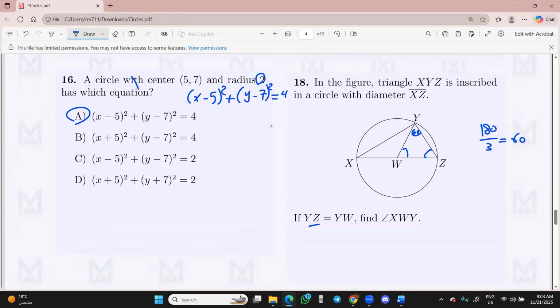So this angle is 60 degrees, 60 here, and 60 here as well. But as you look at this, it is called a linear pair. Linear pair means if you have a line like this and another line comes up here, this angle and this angle have a total of 180. So whenever you have 60 here, this angle is 120, which is required. XWY is equal to 120 degrees.